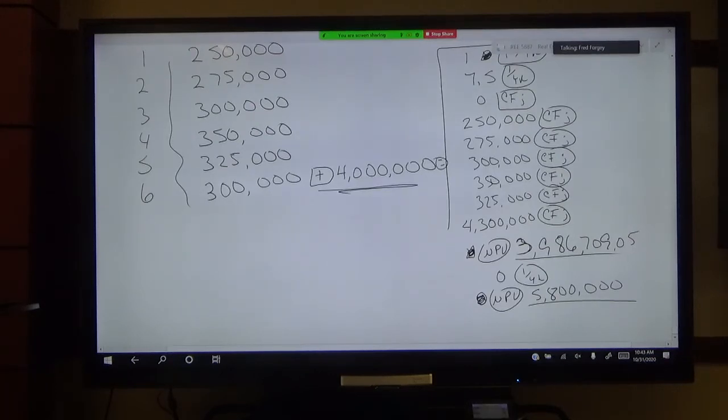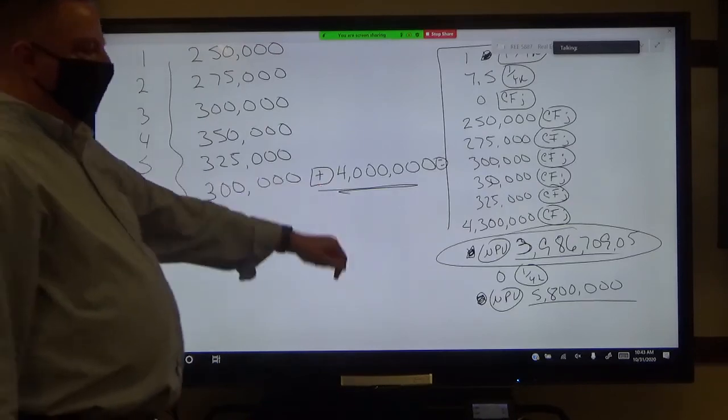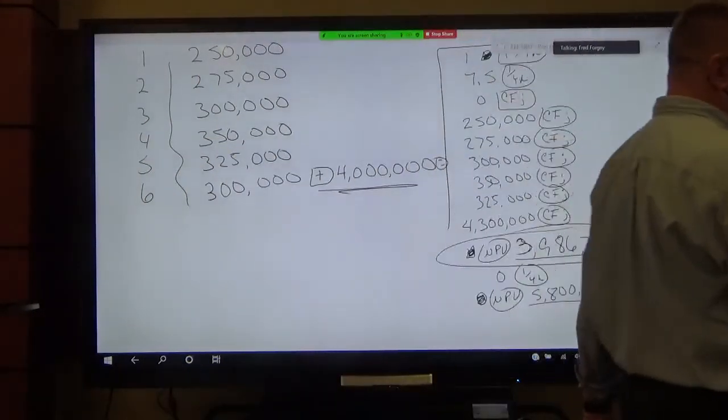That's the total amount of income the property is generating, not discounting. What we're actually searching for is obviously the discounted value of the 3.986 million. Okay? Any questions? Can you repeat what the 5,800,000 is? That's just adding all the cash flows together. Because it's a 0% discount, nothing has been adjusted. Okay?